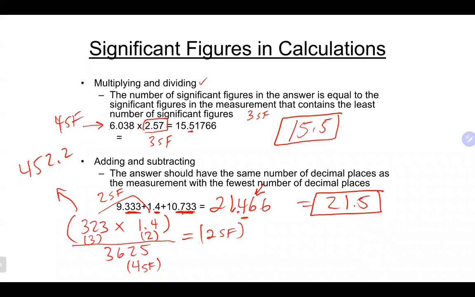Would I personally round at this point? The answer is no. I would just take that whole number and then divide it by 3625. That gives me an answer of 0.124744827 on my calculator. That means if we followed our rules, we should end up with 0.12.